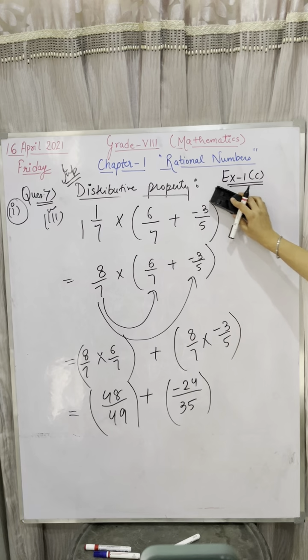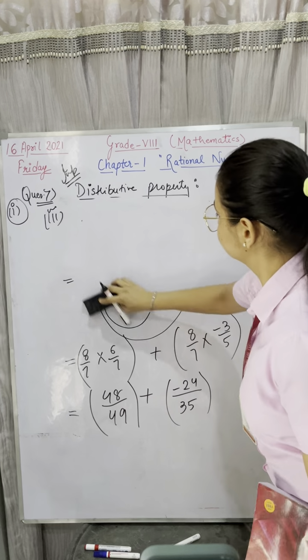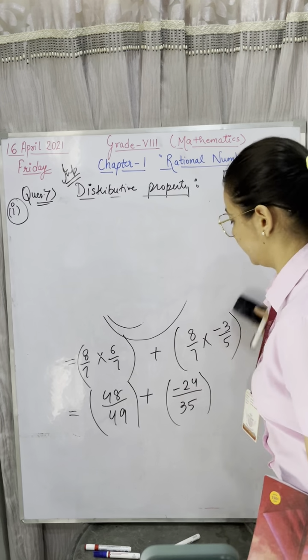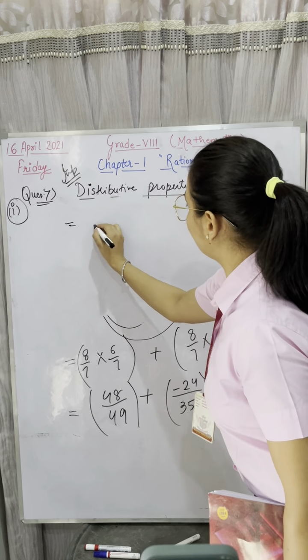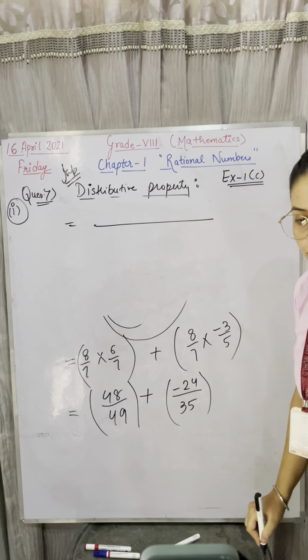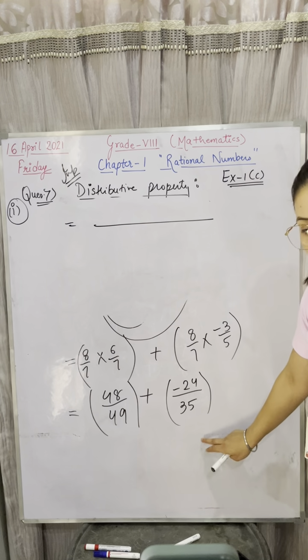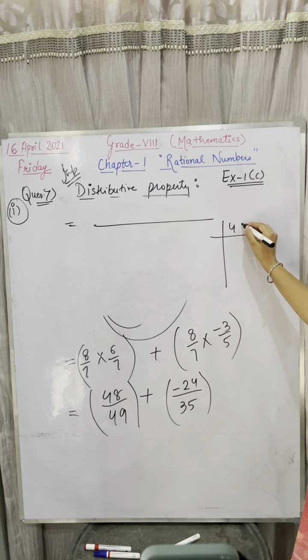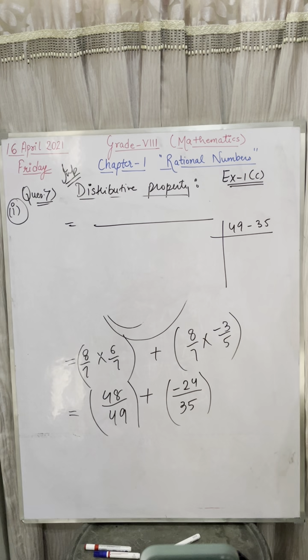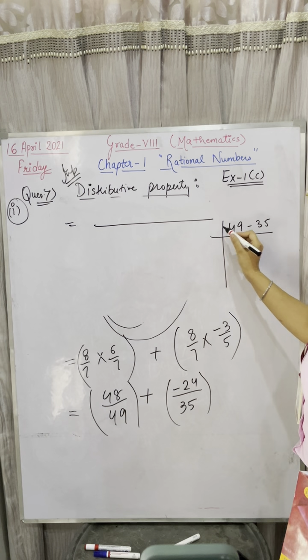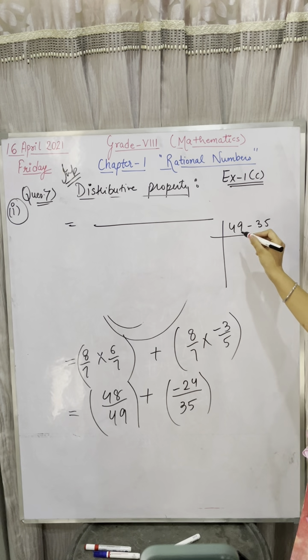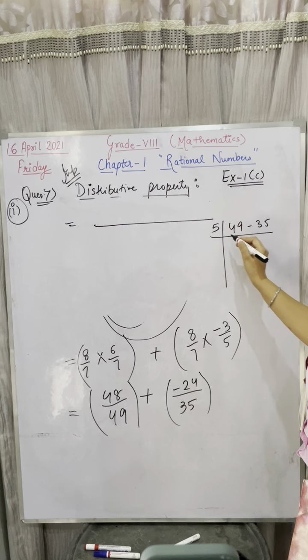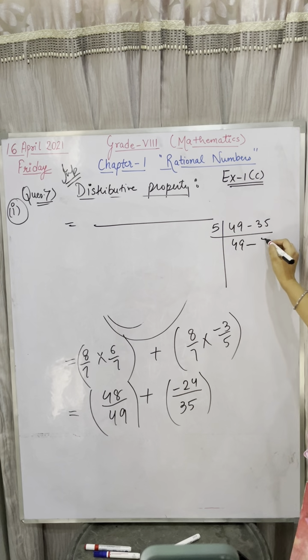I'm going to remove the question from here. We'll take the LCM of 49 and 35. Tell me the LCM of 49 and 35. No, 7 will not be the LCM. How did we used to take LCM? 49 and 35. First of all, you have to start with the smallest prime number. It is not going on 2, 3, 4, it is going on the 5 table. 49 as it is, 5 sevens are 35.